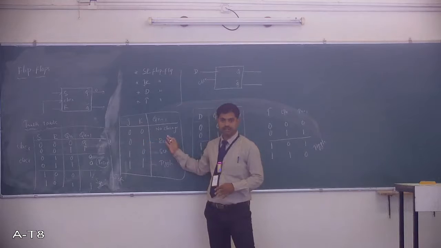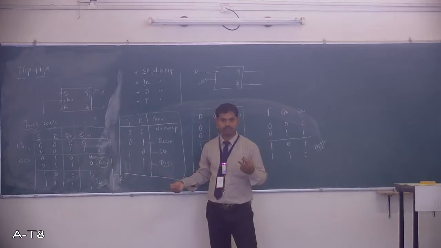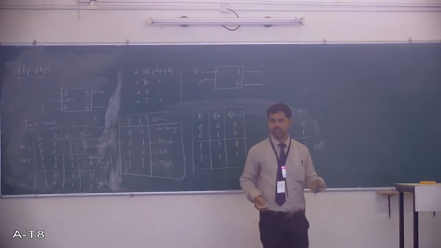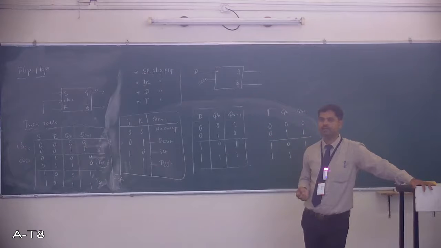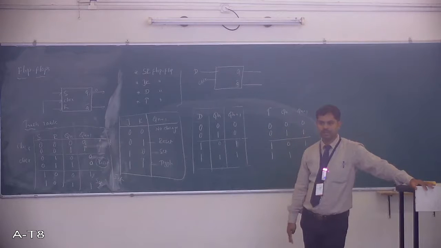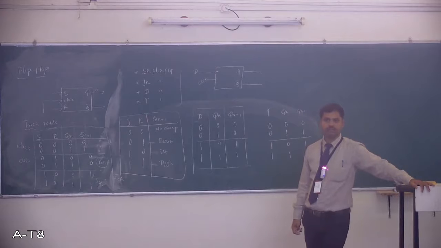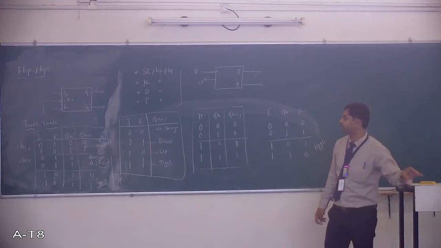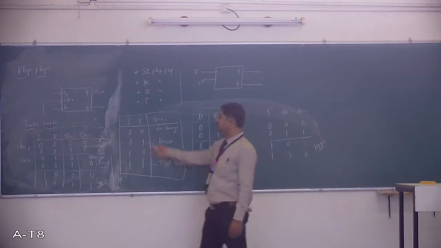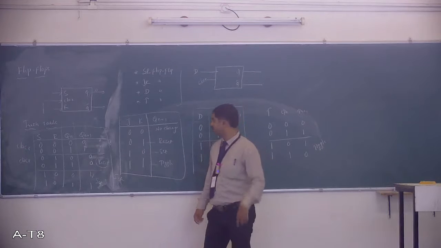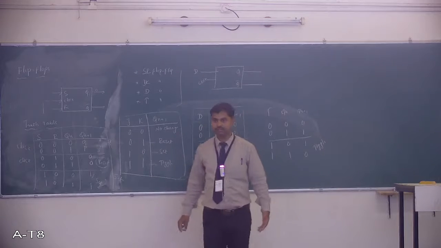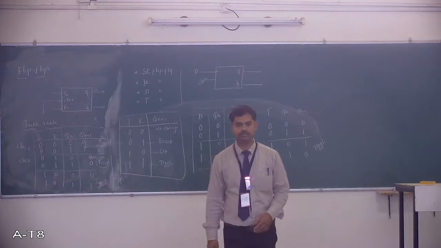J, K, two inputs, Q and Q bar as usual two outputs. Along with that there will be one clock signal. For all the flip-flops you must apply clock. That is the trigger. Otherwise the device will not trigger. When J is 0, K is 0, when both the inputs are 0, output is no change. You know what you mean by no change.